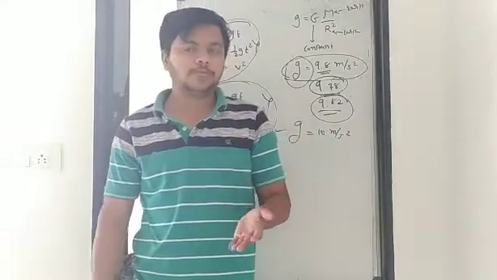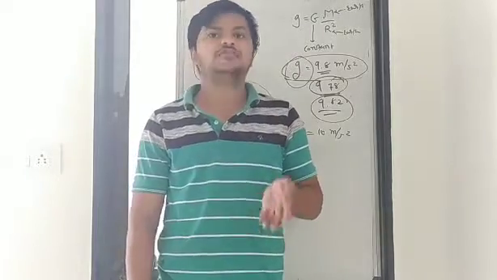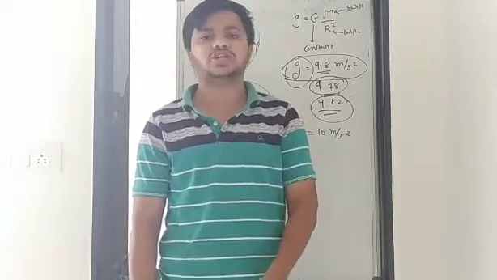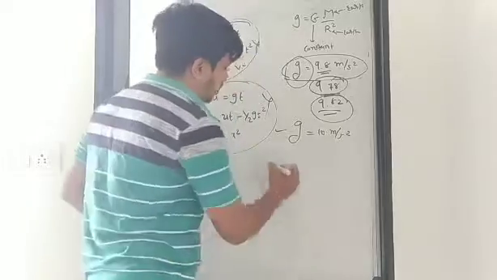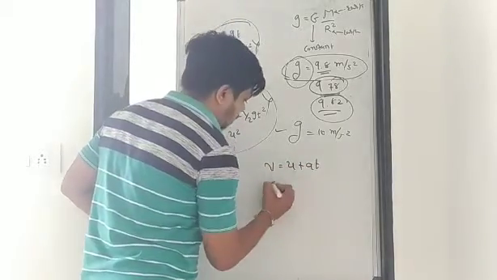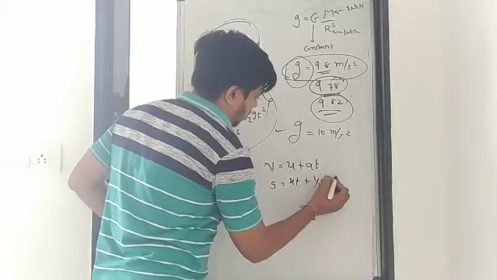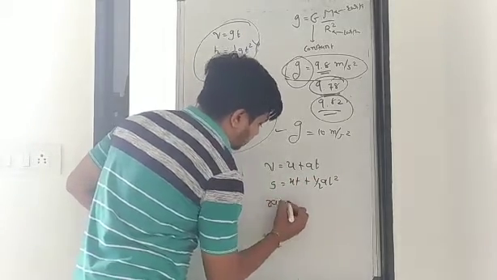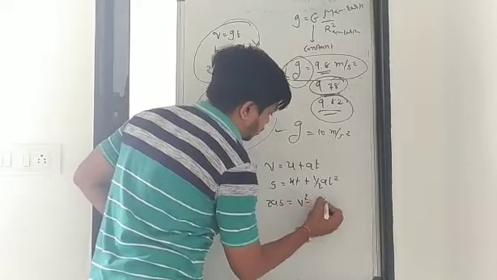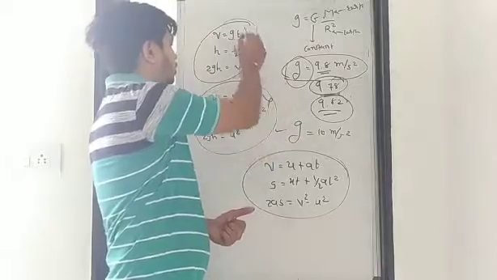For chapters 8 and 9 we have to remember those equations anyway, so why not use them in this chapter also: v is equal to u plus at, s is equal to ut plus 1/2 at square, and 2as is equal to v square minus u square.